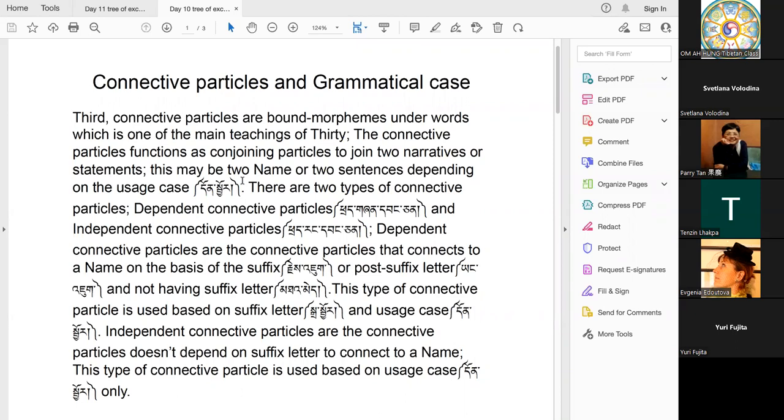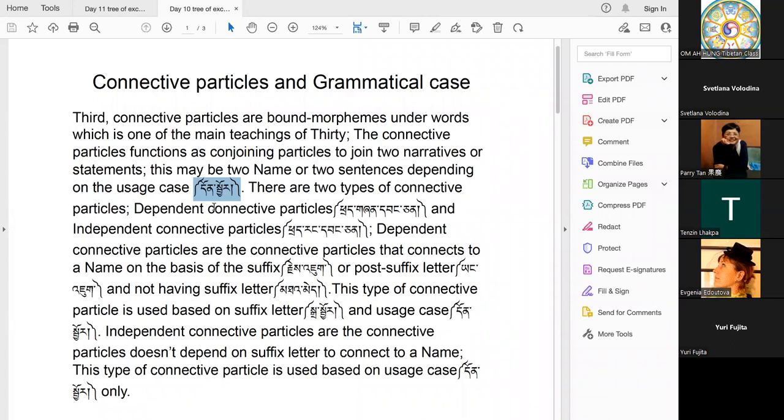And these particles, which are the connective particles, may be names or they may be sentences depending on the usage case. And this is going to be a very important concept regarding the connective particles, which talks about different usage cases. There are many different usage cases. You can use it in many different ways.